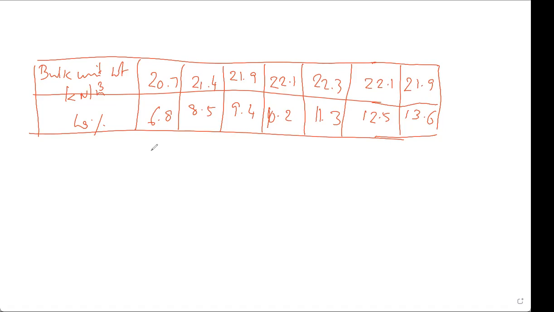2, assuming specific gravity capital G is equal to 2.65, plot the zero air voids line.